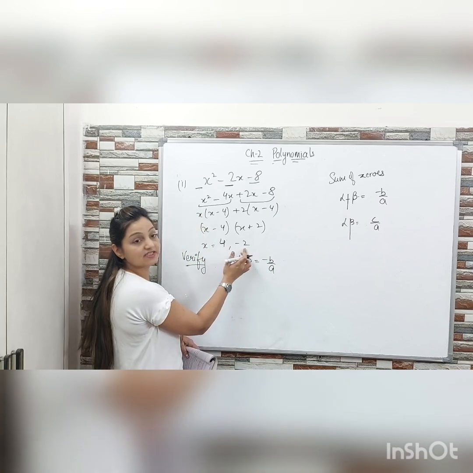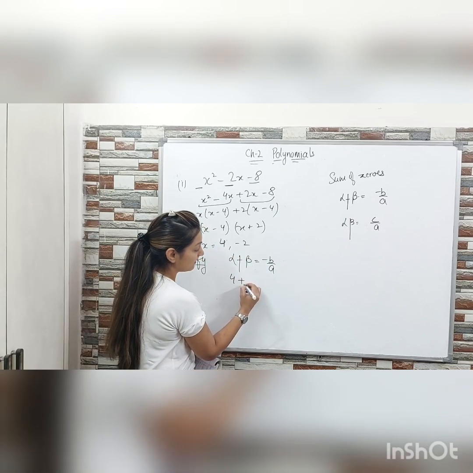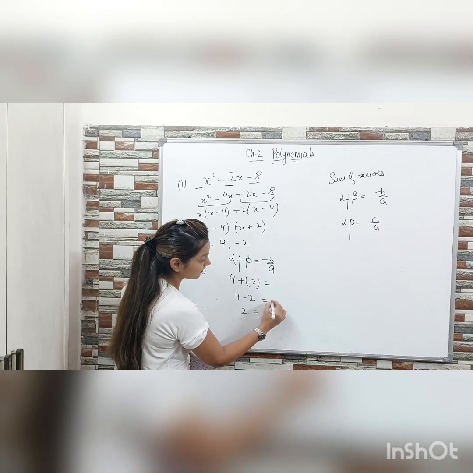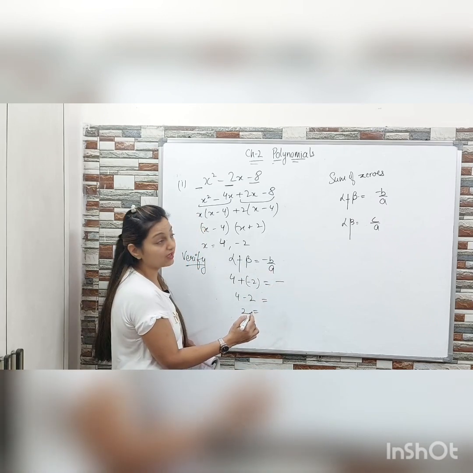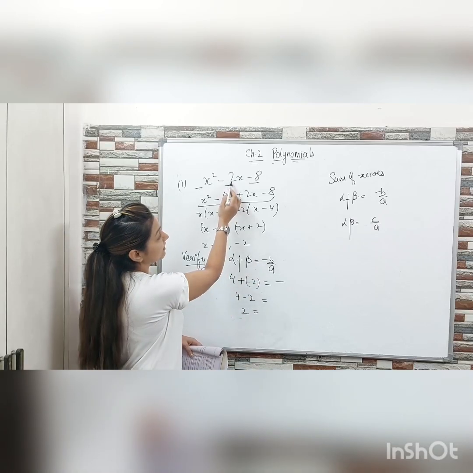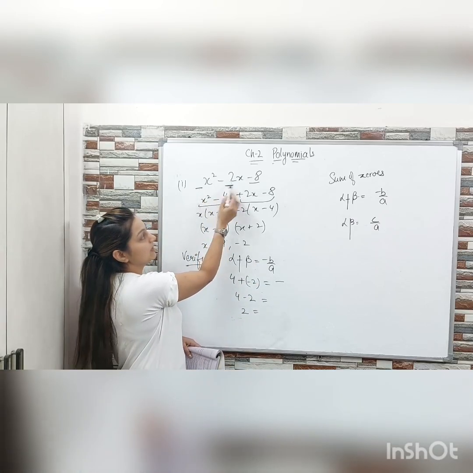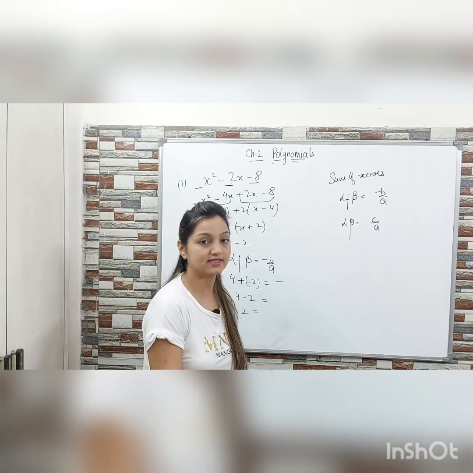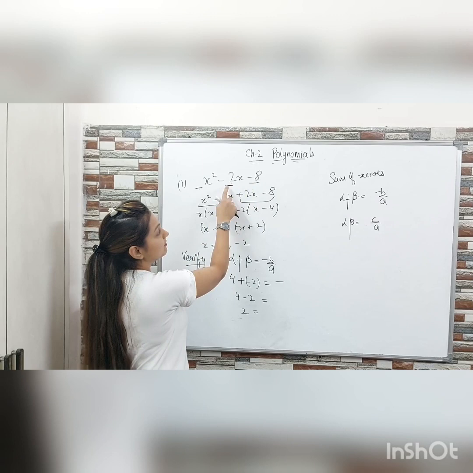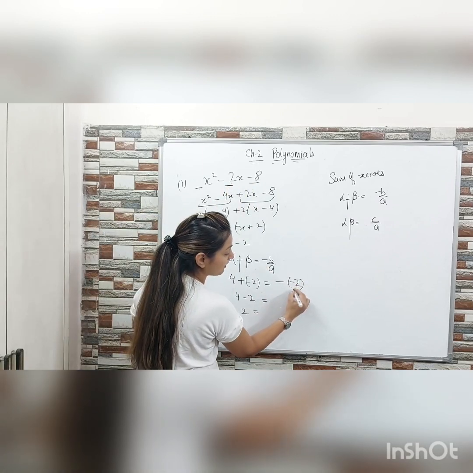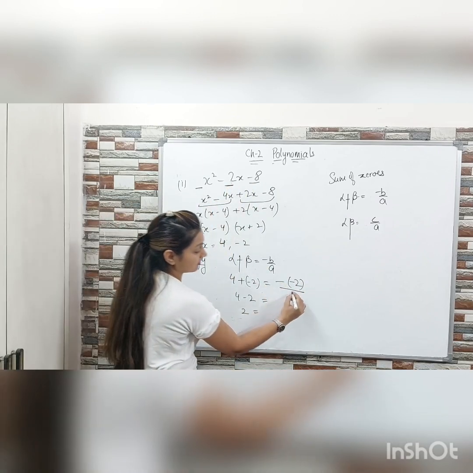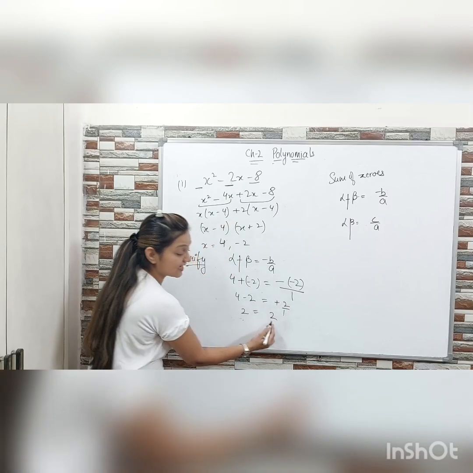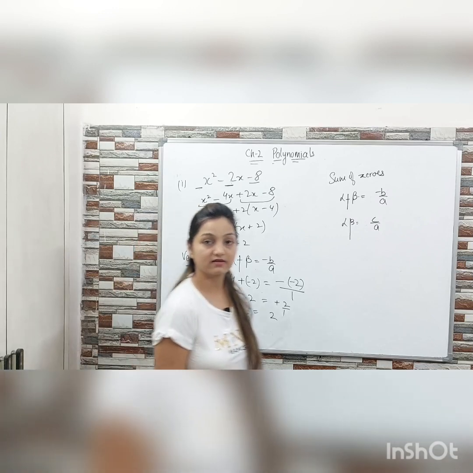This is alpha and this is beta, so this is 4 plus minus 2, and the answer is 2. Now for minus b upon a, a, b and c you will get from the question itself. b is minus 2, so there would be 2 minus, and a is 1. Minus minus would be plus 2 upon 1, that is 2. So this has been verified, and the answer is correct.